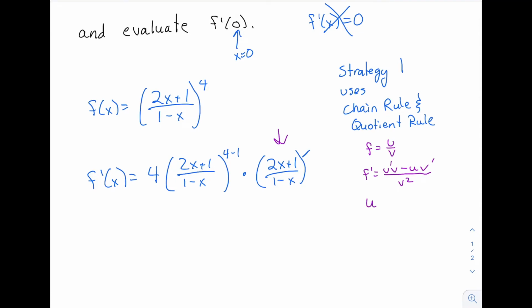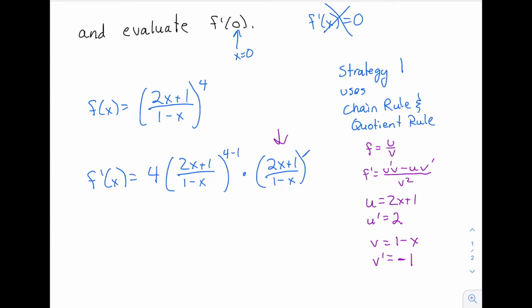My u is 2x plus 1, so u prime is 2. Taking the derivative of 2x is 2. Taking the derivative of 1, a constant, is 0. Then I set my v. v is 1 minus x. v prime, the derivative of 1, is 0. I keep the negative 1 in front here. The derivative of x is 1, so this is just negative 1.